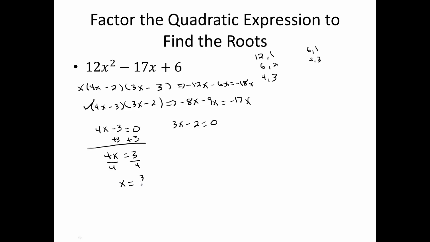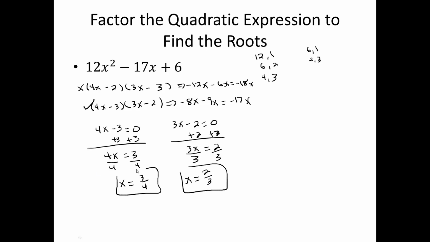X equals 3/4. Here we want to move the 2 first, so add the 2. Get 3x equals 2. Divide by 3, divide by 3. X equals 2/3. So my roots, 3/4 and 2/3.